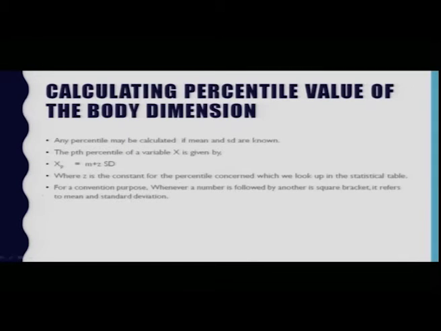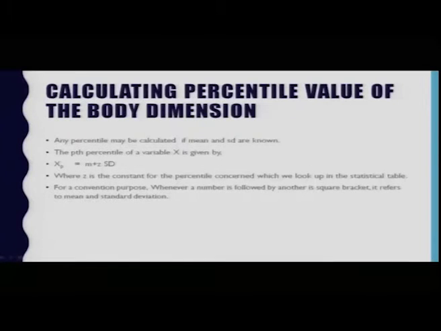Now, the next thing that we need to learn in this anthropometric analysis is the calculation of percentile. We will learn how to calculate the percentile value of a body dimension. Any percentile may be calculated if the mean and standard deviation are known.